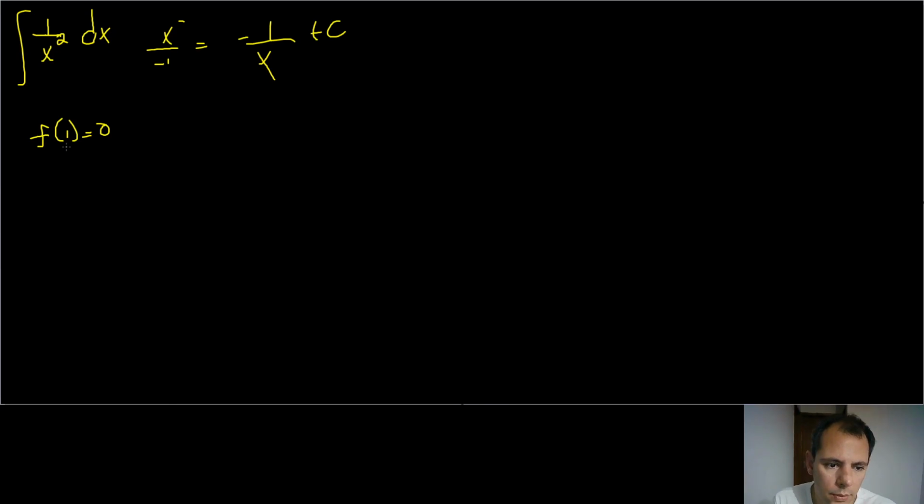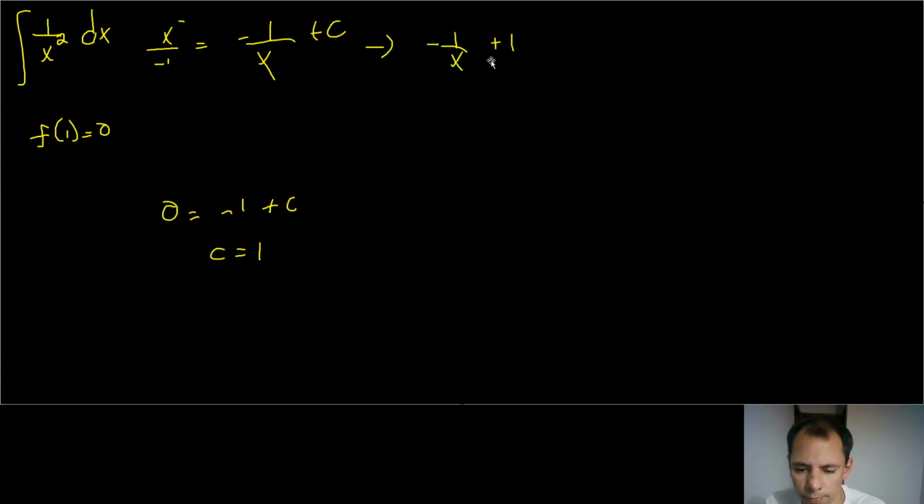So f of 1 equals 0, so we have 0 equals, you replace the x for 1, so it's going to be minus 1, because minus 1 divided by 1, minus 1, plus c, so we know that c equals 1. So actually the formula with the initial condition here is going to be minus 1 divided by x plus 1.